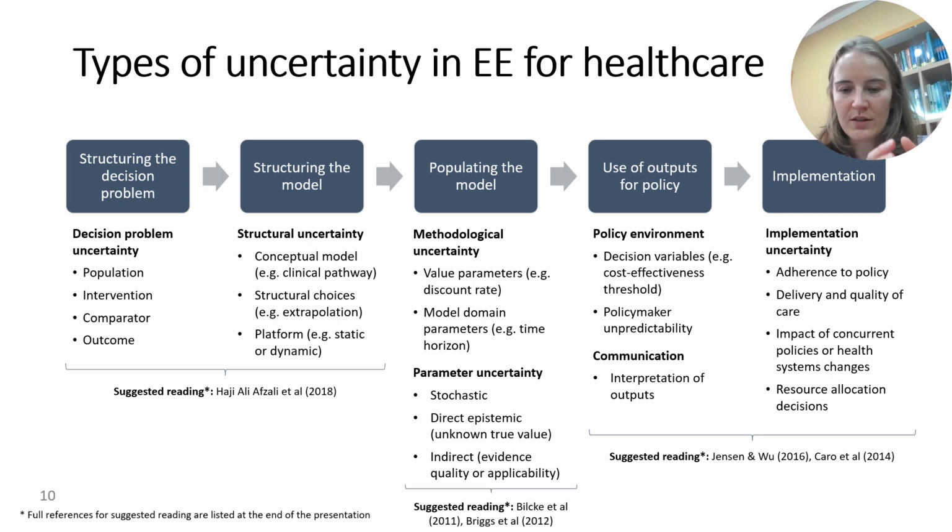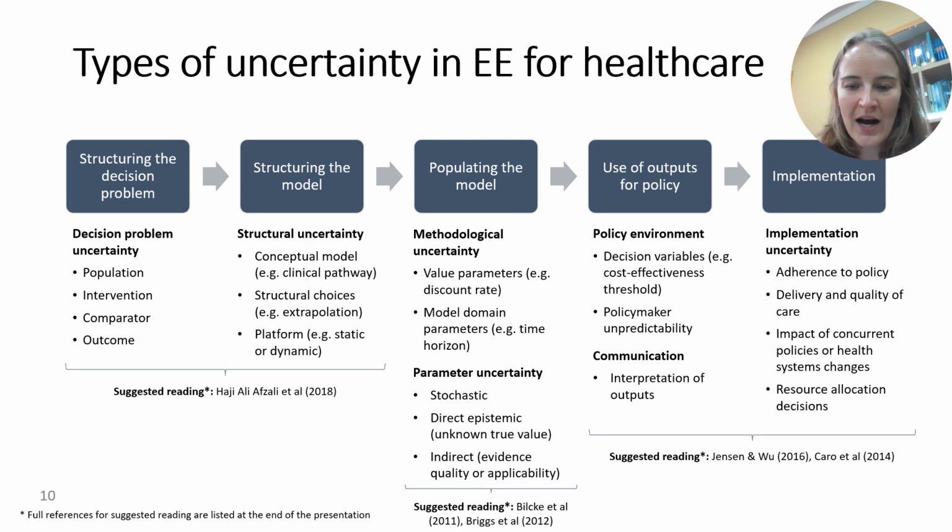In that instance, if you've got a fixed budget and you're introducing this new intervention, you're not just displacing your comparator. To have enough money to actually fund the intervention, you're going to need to cut the budget from other areas as well. There is a possibility that the budget is cut from more cost-effective interventions than the intervention that you have just included. And that's also part of the implementation uncertainty.